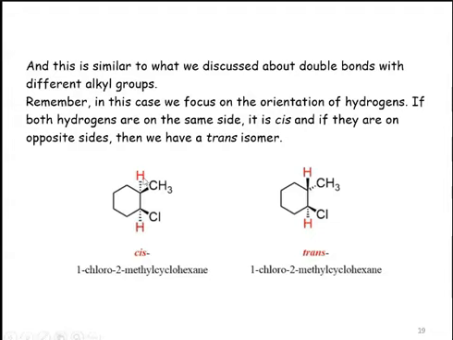If we compare their position, they are both lying away from the observer, whereas here one hydrogen atom is towards the observer and the other is away from the observer. If both the hydrogens lie on the same side, we call it cis isomer; if the two hydrogen atoms lie on opposite sides, we call it trans isomer.